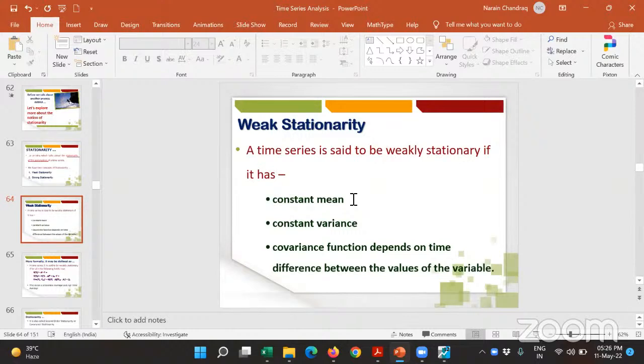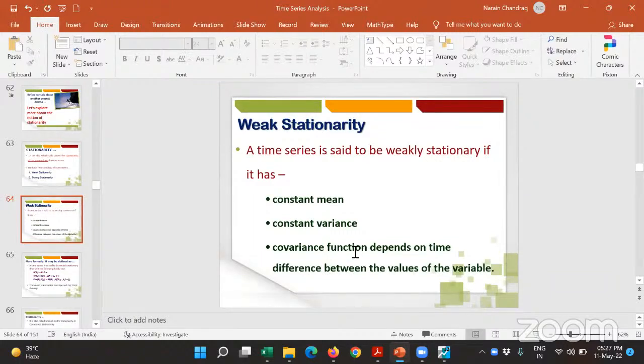The mean remains the same. Constant variance: the variance also remains the same. And the covariance function is dependent upon the time difference between the values of the variable. It may be dependent upon the time lag, but it must not be dependent upon the time point. So that's the third aspect.